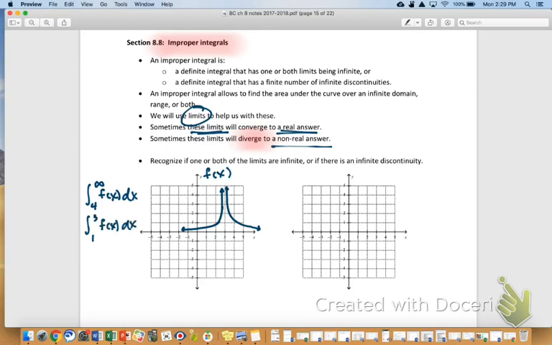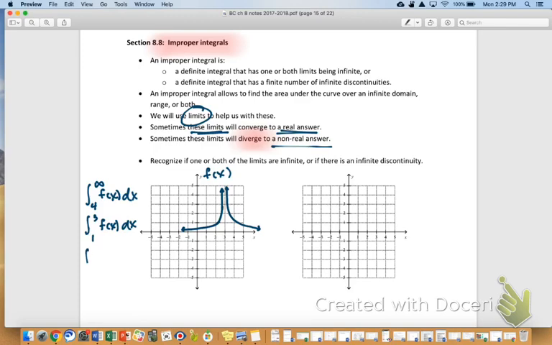So this is improper for a different reason. Why would this be improper? Yeah, so the right boundary is a vertical asymptote. So we can't actually get to 3, right? We're going to be getting real close to it, but not actually right there at it.